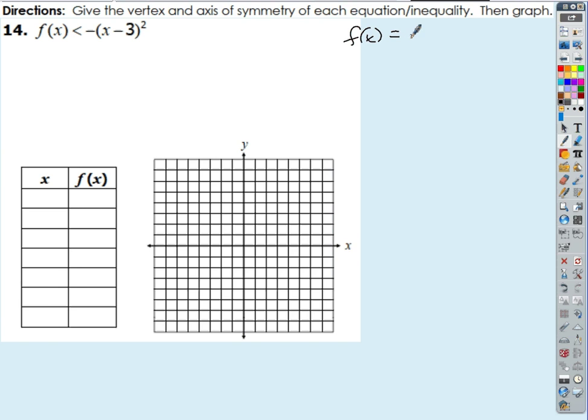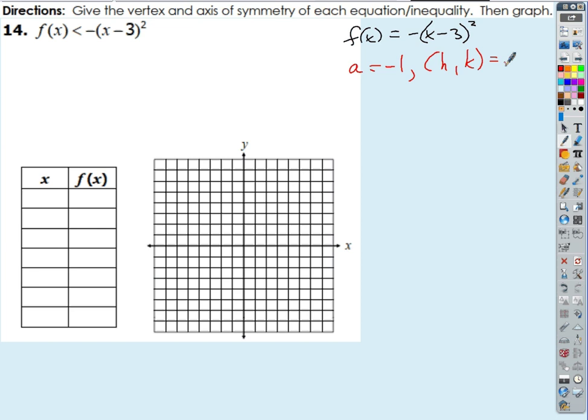If f of x is equal to negative x minus 3 squared, what are the values of a, b, and c? What's a? Negative 1. Everybody agree? Okay, what about h and k? Everybody think about that for a second. What do you think?